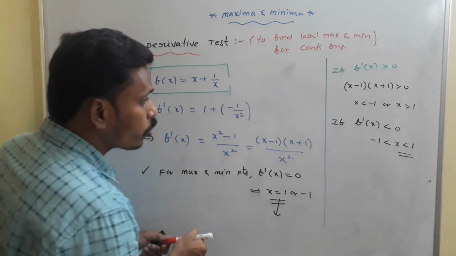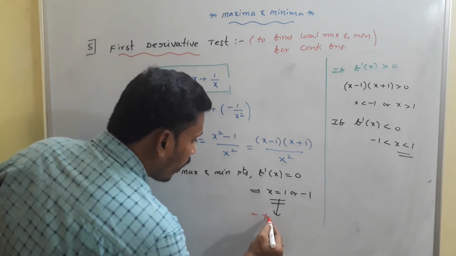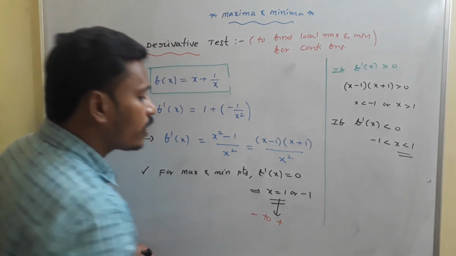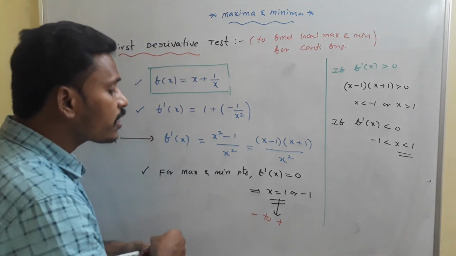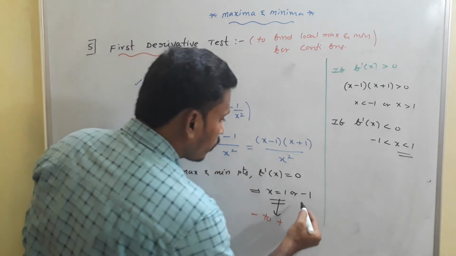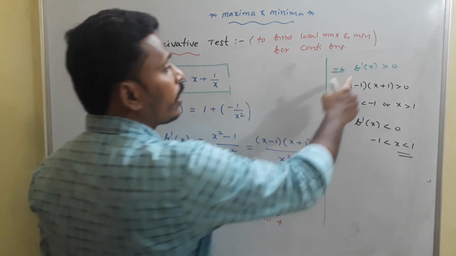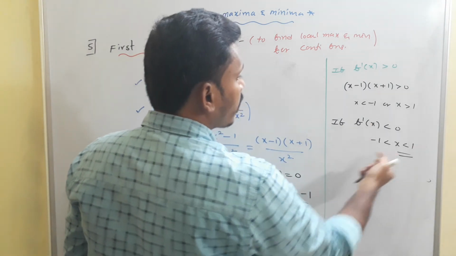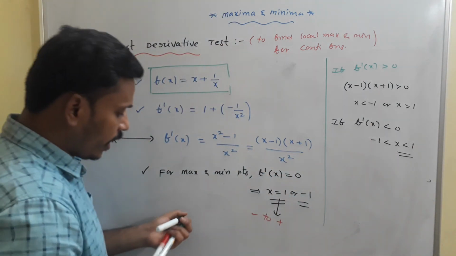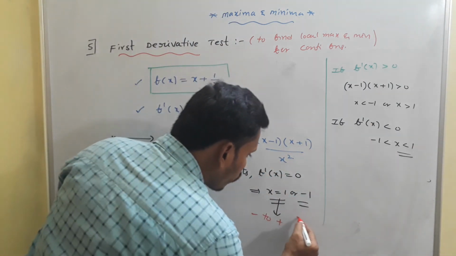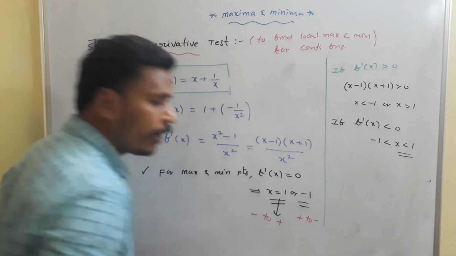So at x equals 1, derivative is changing from negative to positive. In the same way, at x equals minus 1, x less than minus 1, left side of minus 1 derivative is positive, right side of minus 1 derivative is negative. So here derivative changes from positive to negative.